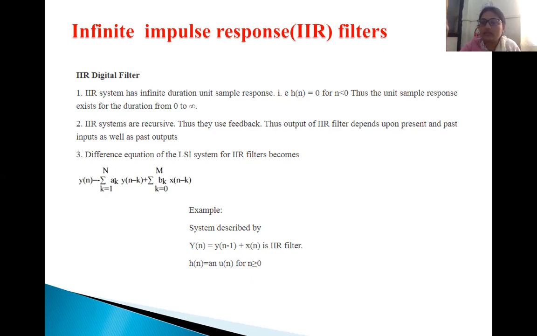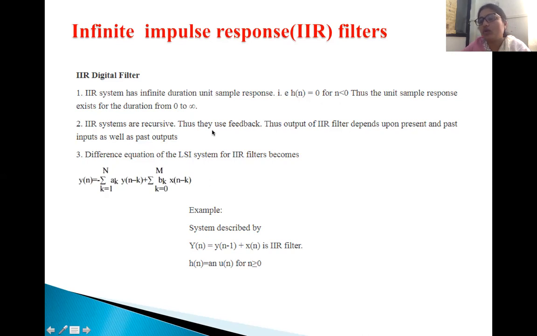Feedback mechanism in the sense that the output is taken towards the input. Thus the output in the case of an IIR system depends upon the present and past samples of the input, as well as upon past samples of the output. As there is a feedback mechanism, this system is called a recursive system, because it takes the output towards the input.